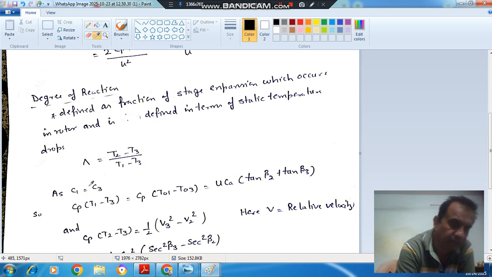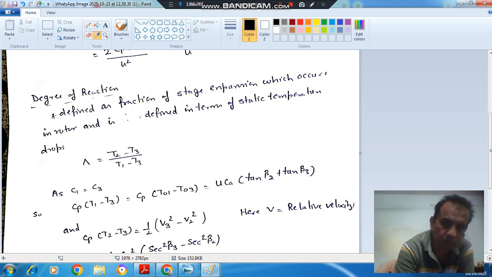And if we assume that the inlet and outlet velocity of the rotor are the same, then T1 minus T3 will be equal to T01 minus T03, and we have Cp (T01 minus T03) equal to u Ca (tangent beta 2 plus tangent beta 3). But now we can write this as u Ca by Cp (tangent beta 2 plus tangent beta 3).